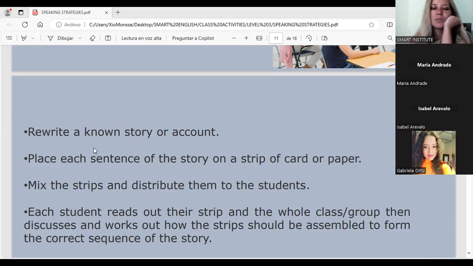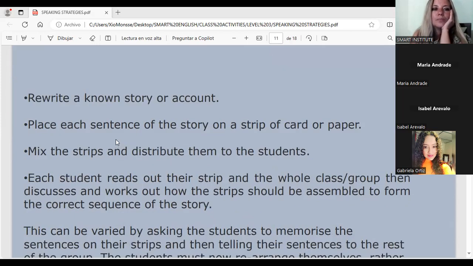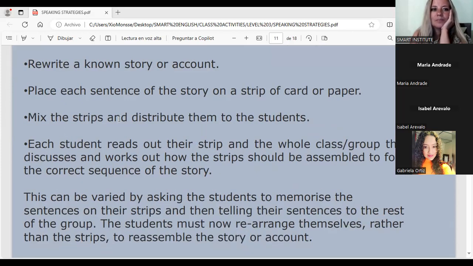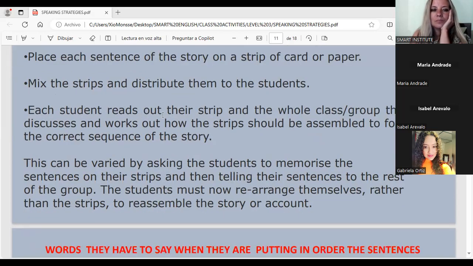Okay, Mary, read again. Rewrite a known story or account. Place each sentence of the story on a strip or card of paper. Mix the strips and distribute them to the students. Each student reads out their strip and the whole class or group then discusses and works out how the strips should be assembled to form the correct sequence of the story.